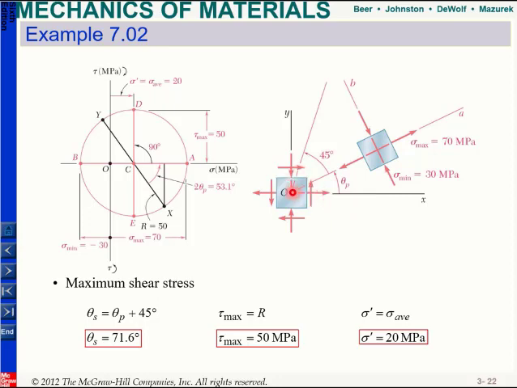So this is the coordinate system we started with. If I rotate it by theta p, I get my principal stresses, and if you rotate an additional 45 degrees, you get your maximum shear stress plane. When you get your maximum shear stress plane, your tau max is equal to R, and the normal stresses are equal to your sigma average.